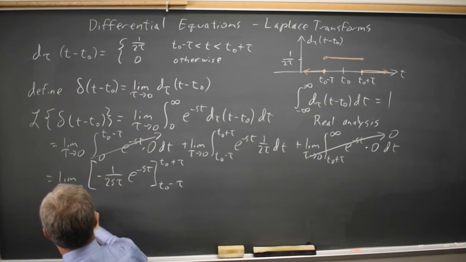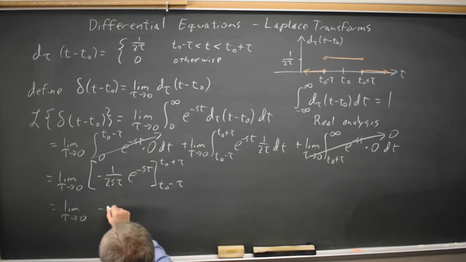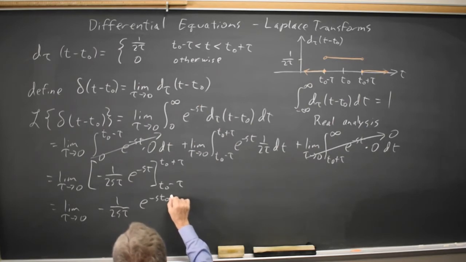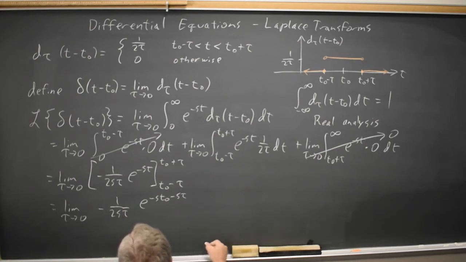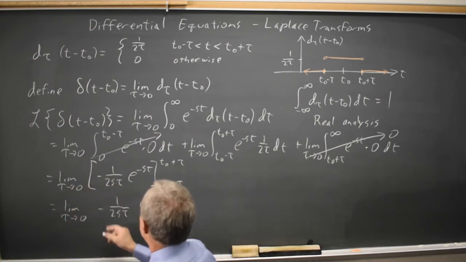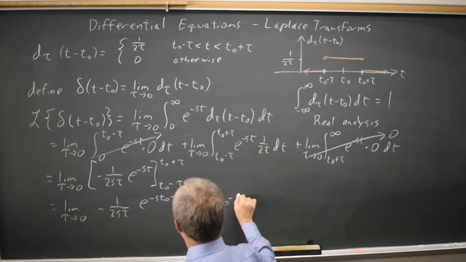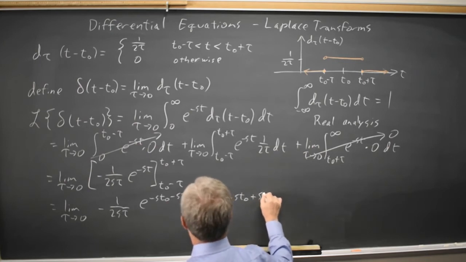So that's the limit as tau goes to 0 of negative 1 over 2s tau e to the negative s t0 minus s tau, and then minus, at the lower limit, minus a negative is plus 1 over 2s tau e to the negative st0 plus s tau.